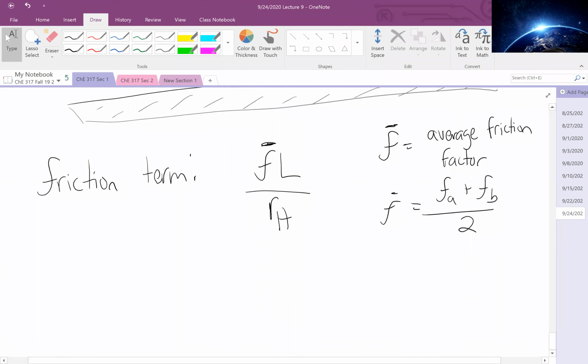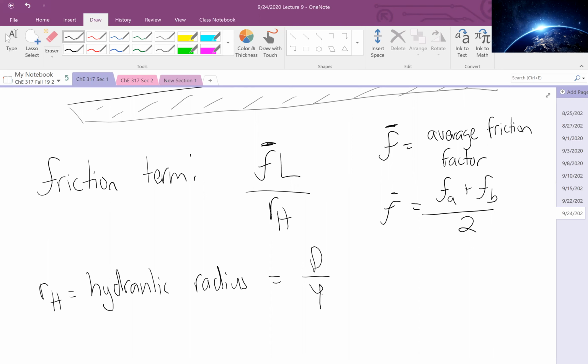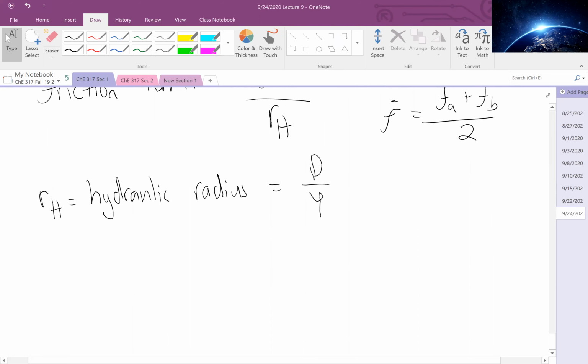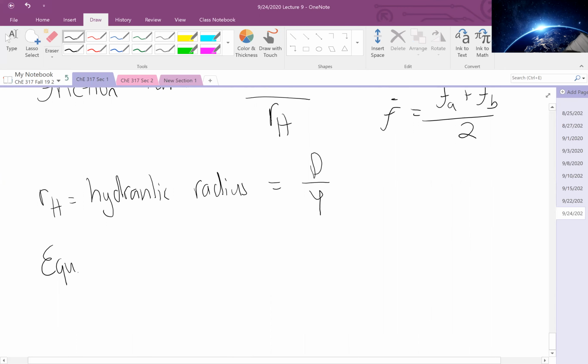L is the flow length under consideration, and R sub H is our hydraulic radius once again, which is essentially the diameter over 4 for flow through a circular pipe. And so when we're considering adiabatic frictional flow, there's a lot of expressions that, to be honest, we won't get into.